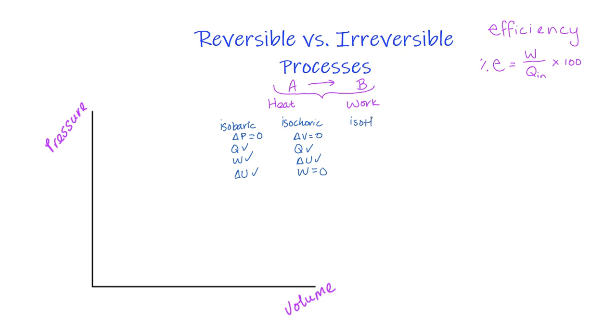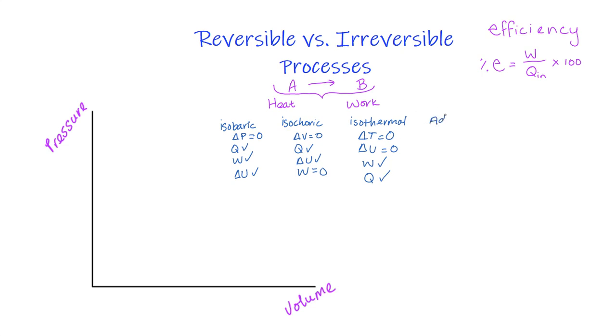An isothermal process that we looked at quite extensively was one in which there was no change in temperature. This meant that automatically there would be no change in internal energy of the system from state A to state B, but that work was done and heat would have to be exchanged in the process of that occurring.